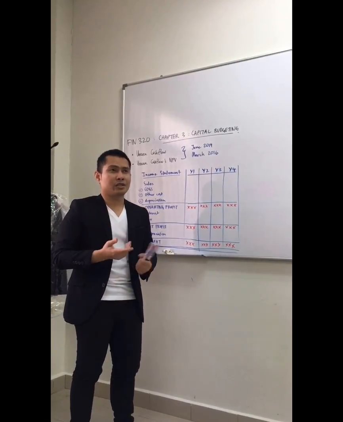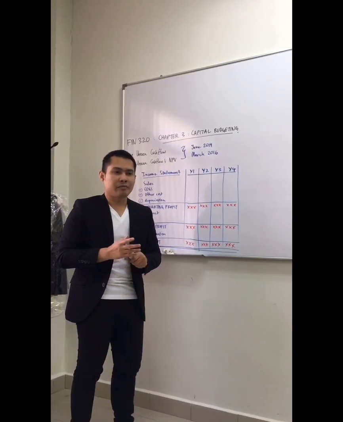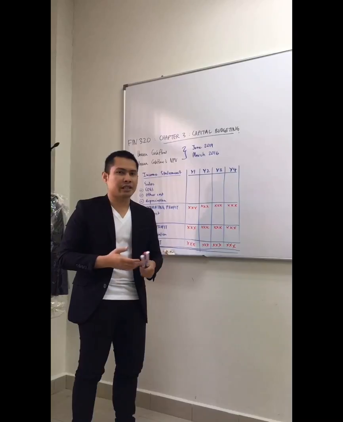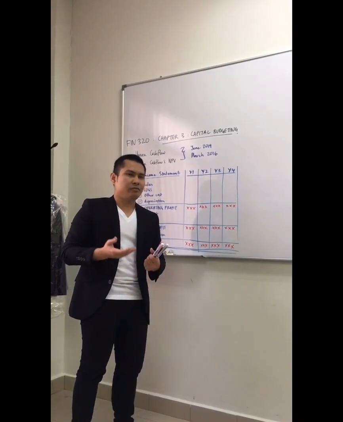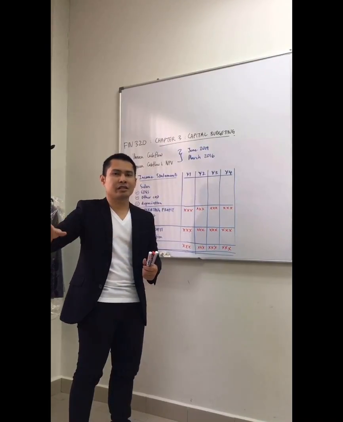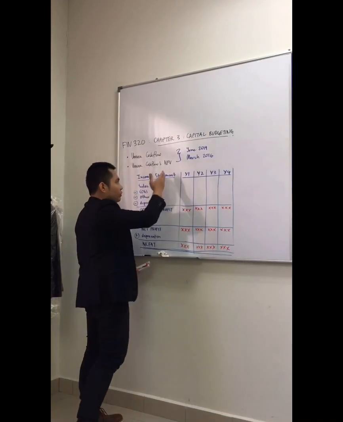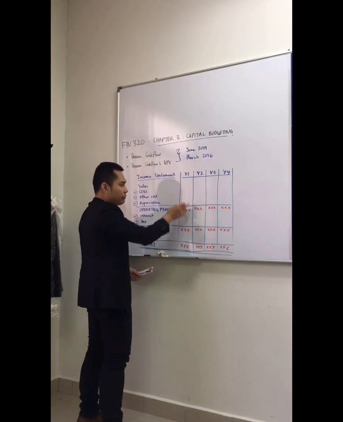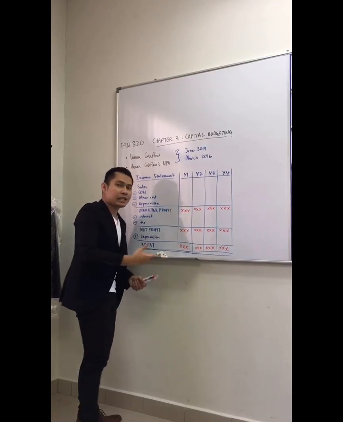Now if you notice, in all the assignments and all the past year questions that you have done, the method of depreciation is SLM. So when you deal with SLM, the depreciation is constant, meaning that every year the figure is the same. So that's why when you do the income statement, there's only one column, because the figure is the same every year.